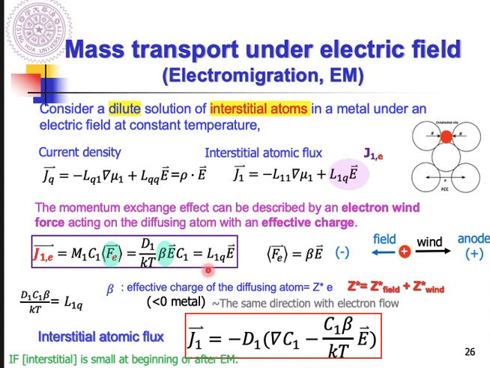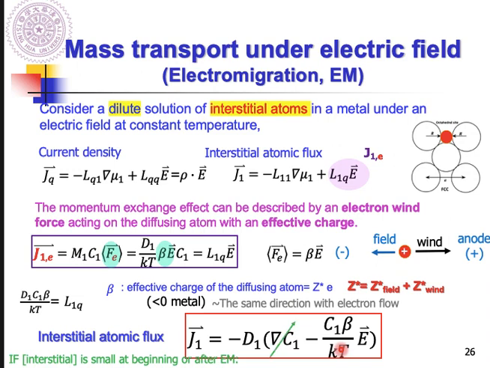The driving force part, as we mentioned, will be expressed as beta E, where beta is the effective charge. It accounts for both forces acting on these interstitials, including the electrical field effect and also the electron flow effect. So now we can directly write down the atomic flux as the concentration variation part plus the electron flow part, where the electron flow serves as a driving force acting on these interstitials.